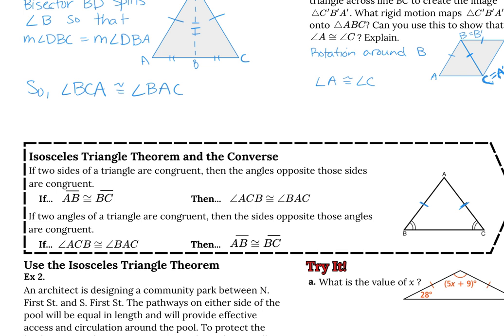So if side AB is congruent to side AC, this should say AC. So angle ACB, that one is correct, would be congruent to angle ABC.